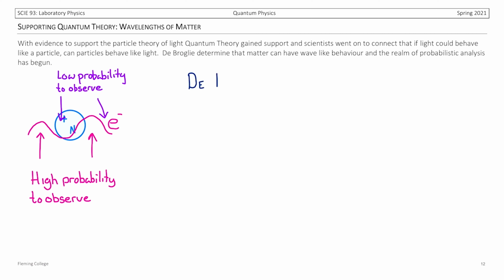So de Broglie's matter wavelength can be calculated using the same equation that we saw previously. The matter wavelength calculation for something like an electron would just be Planck's constant divided by the momentum of the electron. And because the electron has a mass that we were able to measure, we can calculate that momentum.